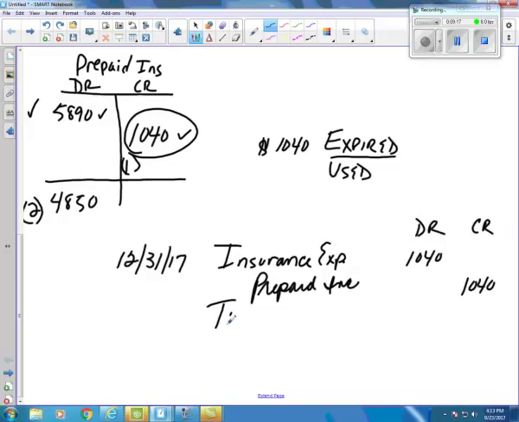And don't forget, I think I did forget on the prior problem, to indicate what you're doing: to record insurance coverage used during the year.